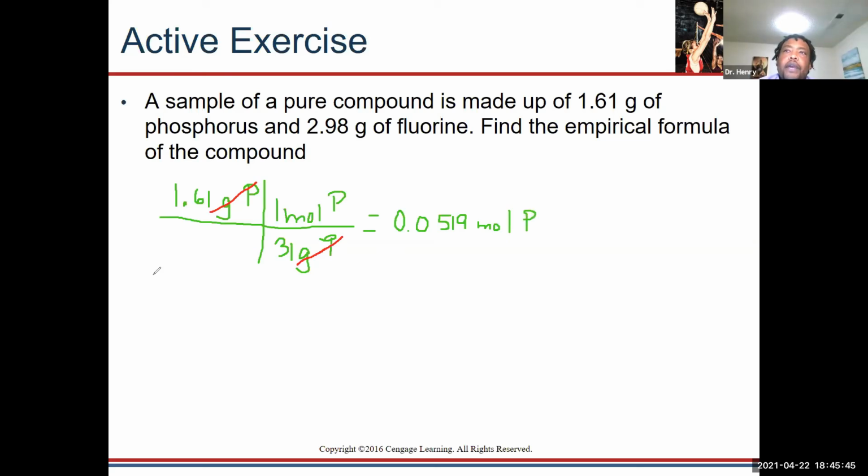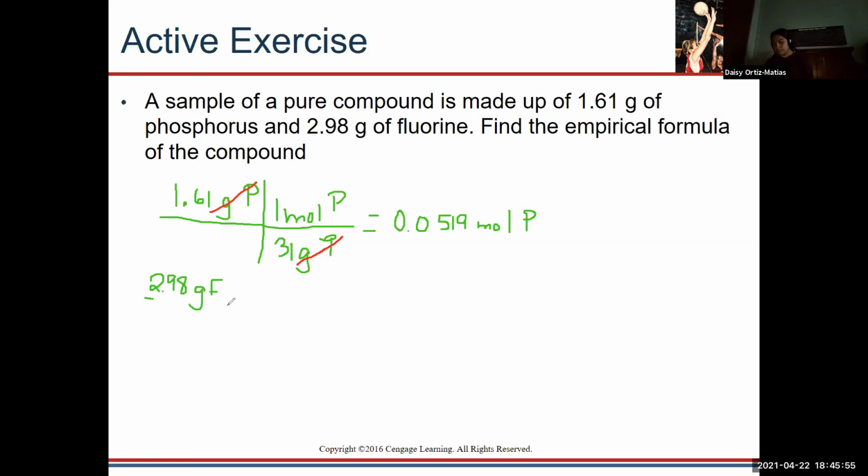Okay, and then fluorine. We're starting with our given. So what am I going to do here?